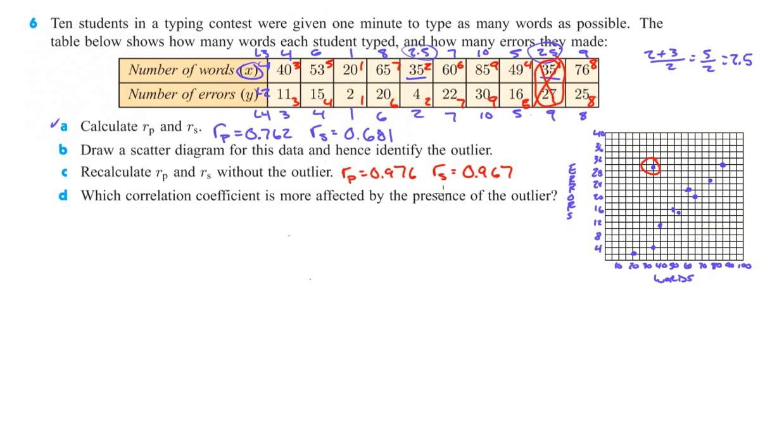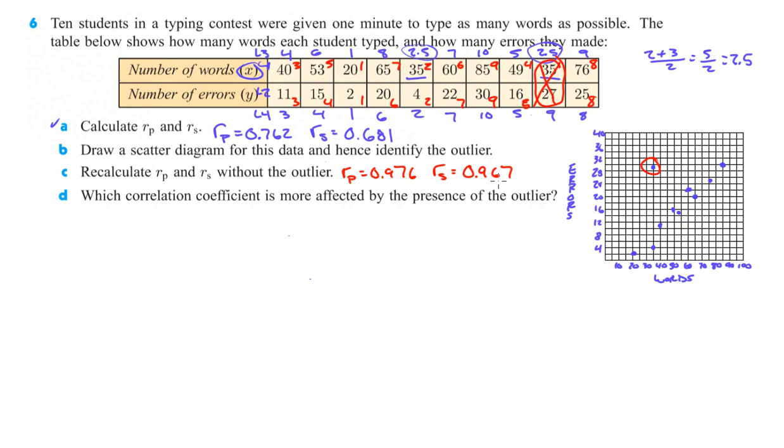Okay. Which correlation coefficient is more affected by the presence of the outlier? This is 0.76 and changed to 0.97, so that's about 0.18, and this is 0.68 to 0.967, so that's really pretty close to the same. Not really, is it?